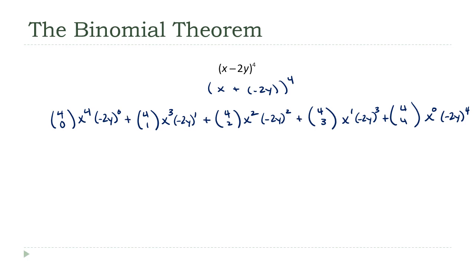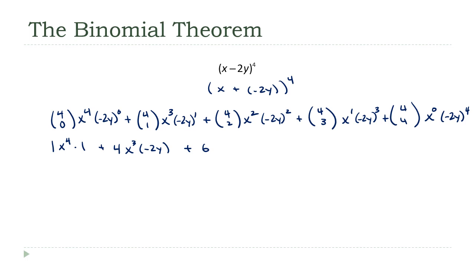All right, now how about these coefficients? Again, you're welcome to work out all those combinations if you like, but Pascal's triangle is your friend here. This is 1 x to the fourth times 1 minus 2y to the 0, plus 4 x to the third negative 2y, plus 6. Remember, we did this on the last slide.